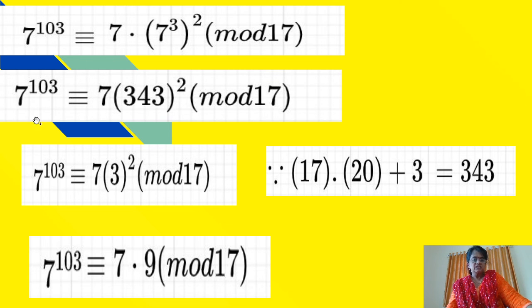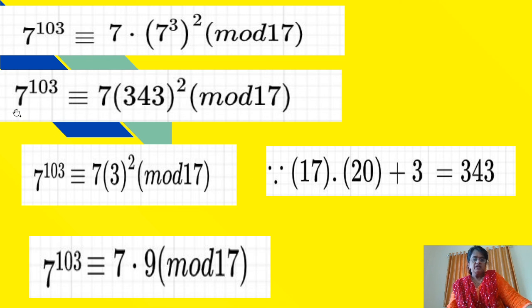That is 7^103 is congruent to 7 times (343)^2, because 7^3 is 343, then mod 17.